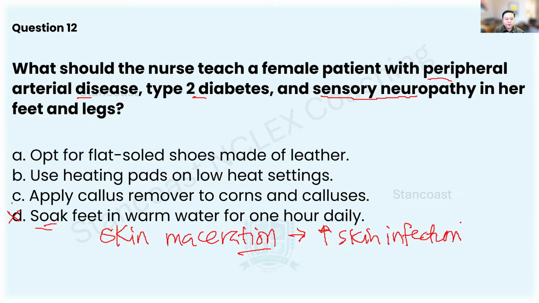If you answered letter C, apply callus remover to corns and calluses on a diabetic patient, this can lead to skin breakdown as well. Skin breakdown, and the same thing will follow: infection. We don't want that in this patient.